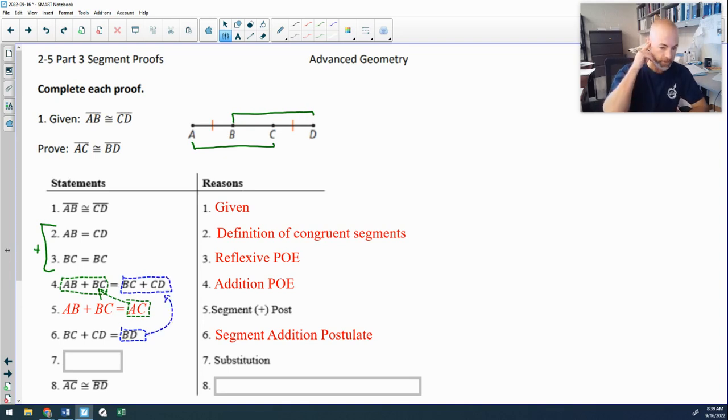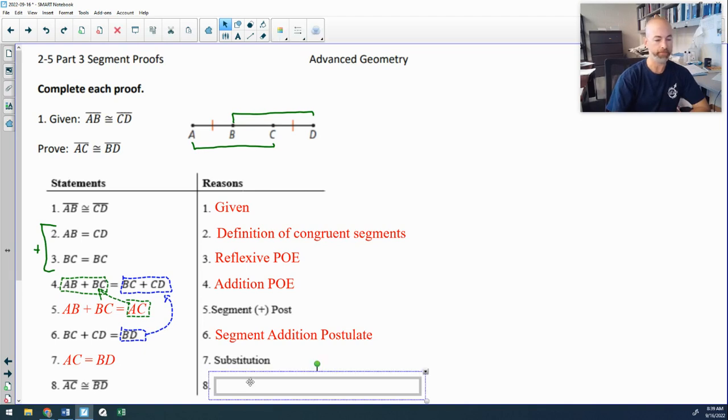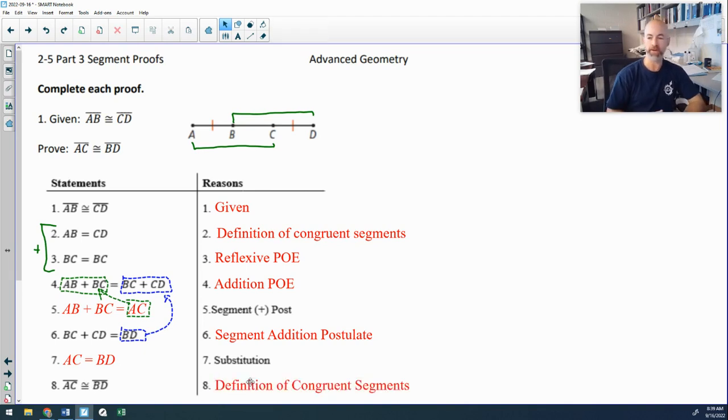And that is substitution. And again, that's why we changed our congruence to equality. And so with substitution, I can now say that AC is equal to BD, not congruent, because substitution doesn't work with congruence, only equality. Then finally, we can take that statement and turn it into AC is congruent to BD with your definition of congruent segments.